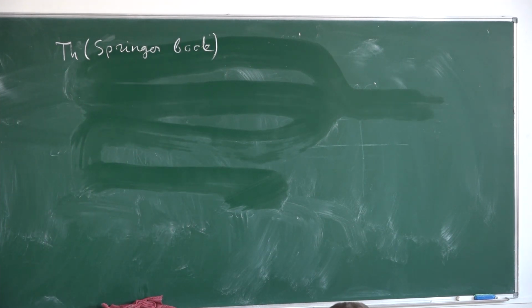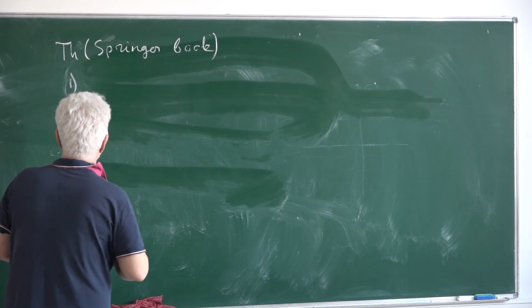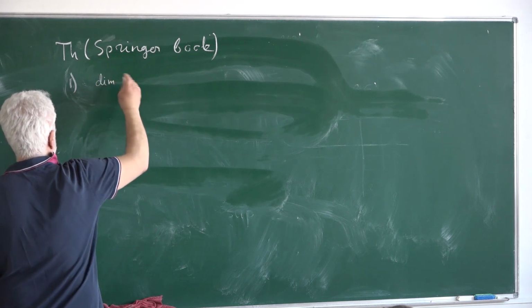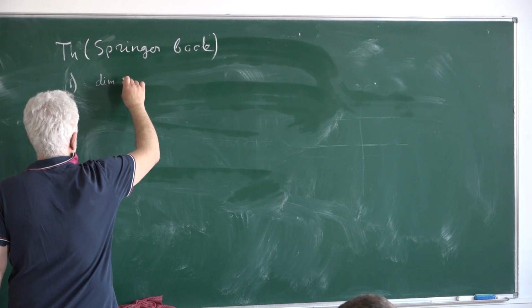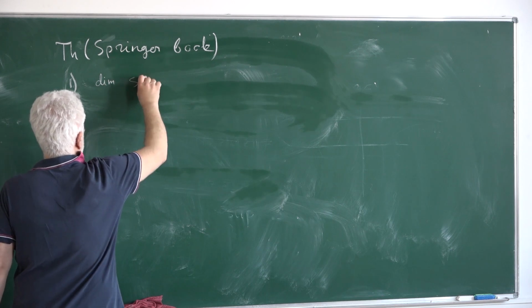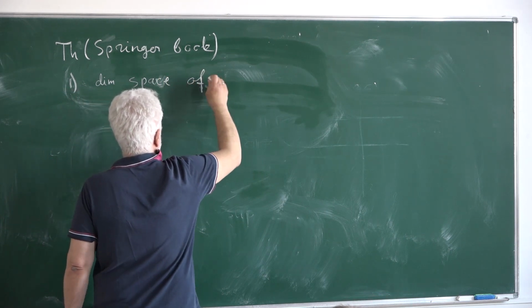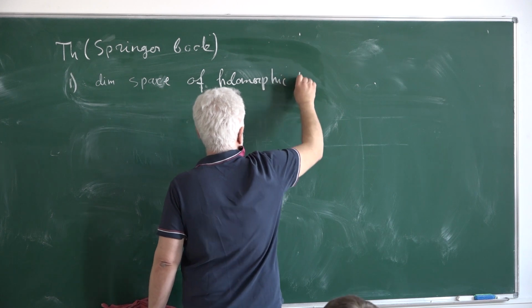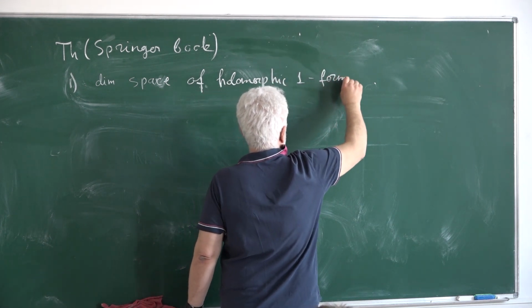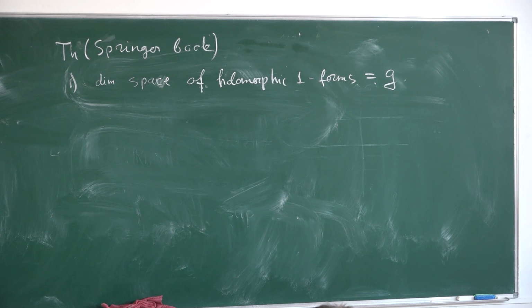First of all, the dimension of the space of holomorphic one-forms equals the genus of the Riemann surface. First statement.